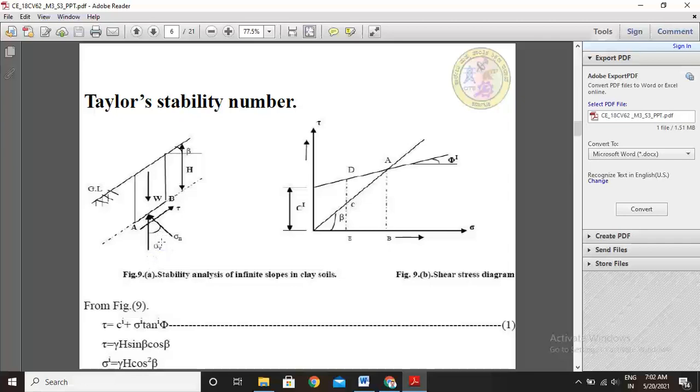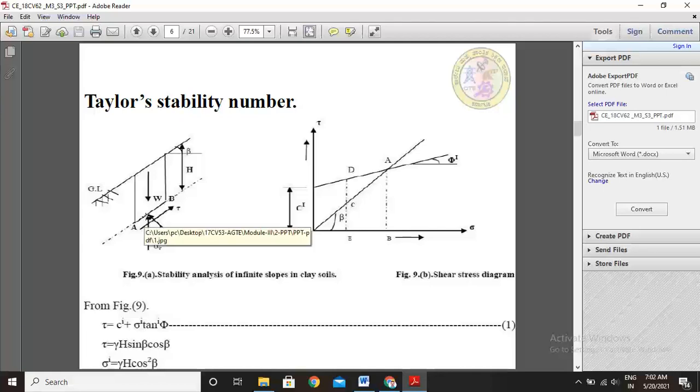Here sigma v is upward, balancing the self weight of the embankment, and sigma n is the normal force acting at this point, and this is the shear stress tau.